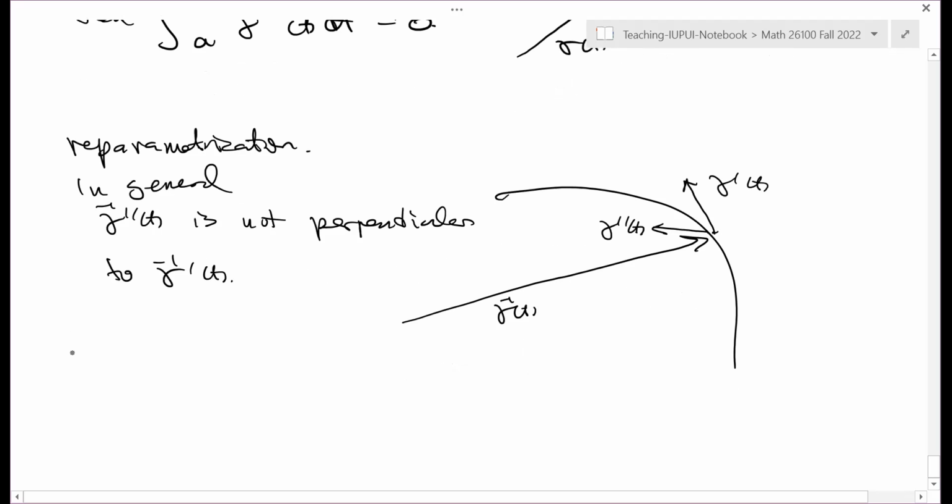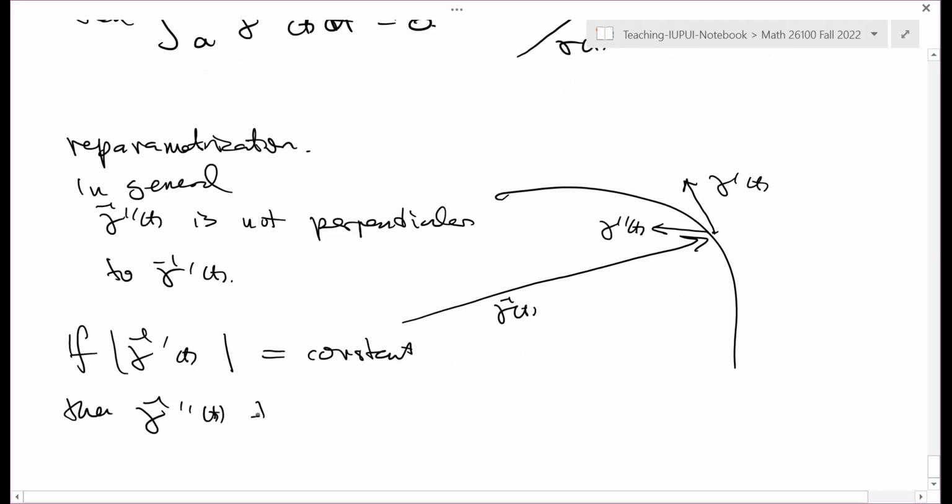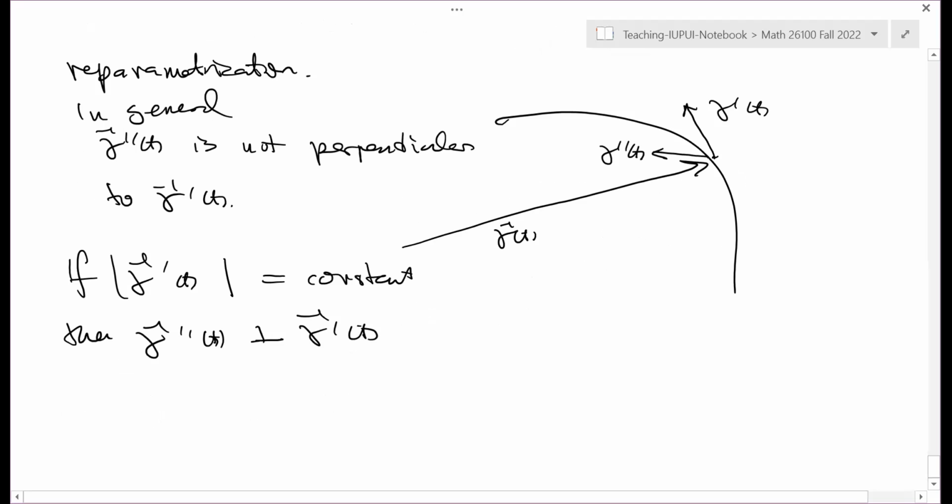But if gamma prime has constant length, then gamma double prime is perpendicular to gamma prime in this case. Okay. So let me prove this fact again. Proof.